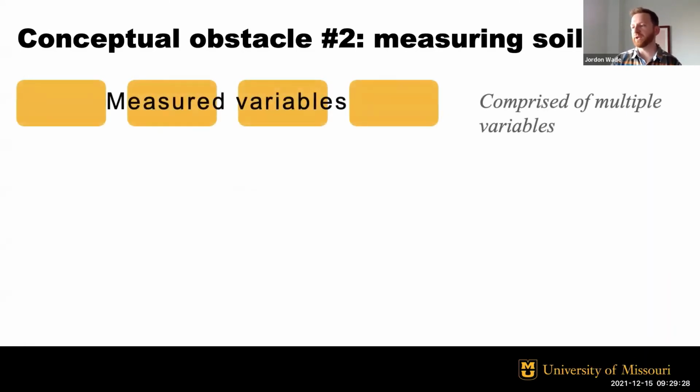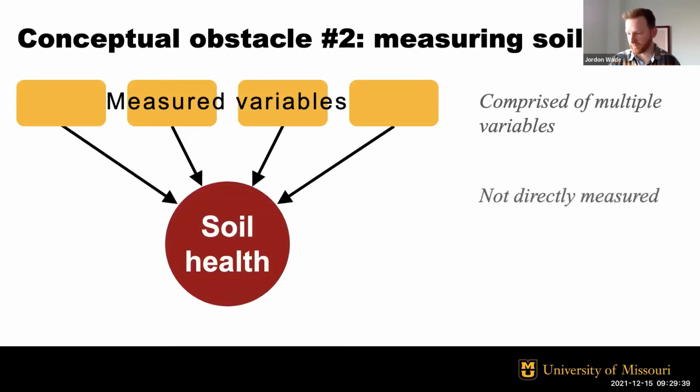Now, what we usually have done conventionally is that we go out and we measure lots of different variables, and then we kind of somewhat arbitrarily combine those, and we say, hey, these things measure soil health, and we decide that this measurement is more important than this one, and we weight them accordingly.